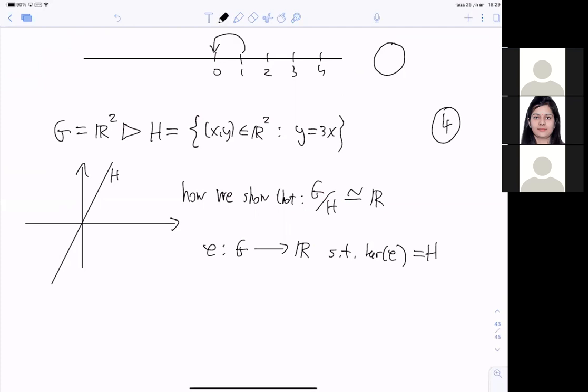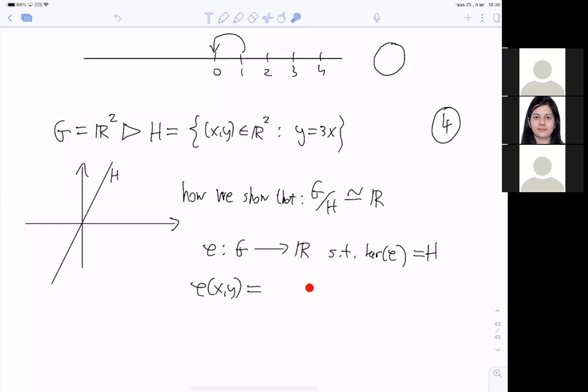So what do you think? Phi of x, y, what will it be? It has to be one-dimensional because it belongs to R. What will be the image such that the kernel of this phi will be our H? Tell me that, and we have finished this lecture for today. It should be a scalar, because it's one-dimensional.